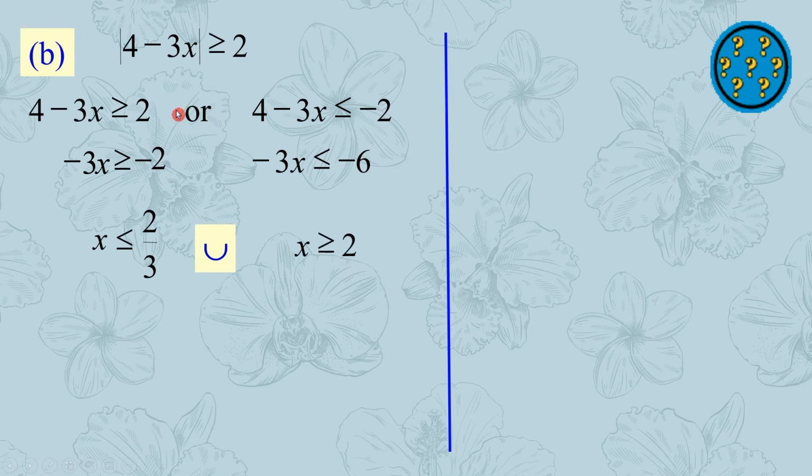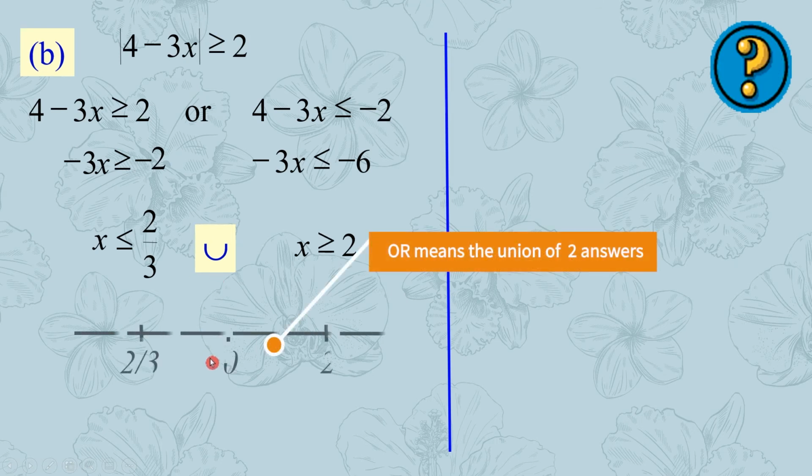So since the definition is for greater, we are using "or", or simply you can remember it as greater, greater, or. So we are finding the union of the two graphs here.